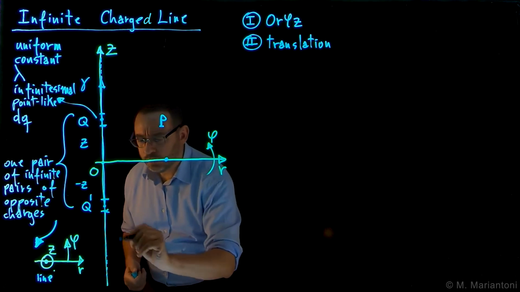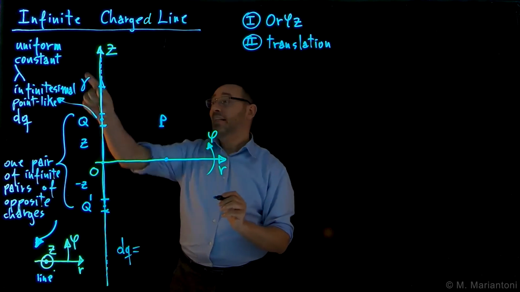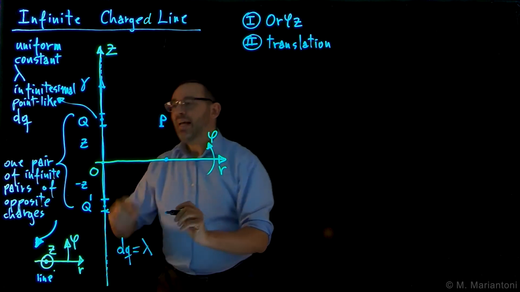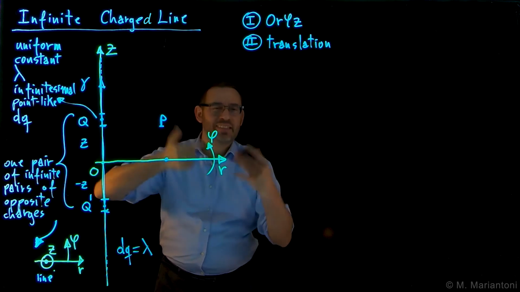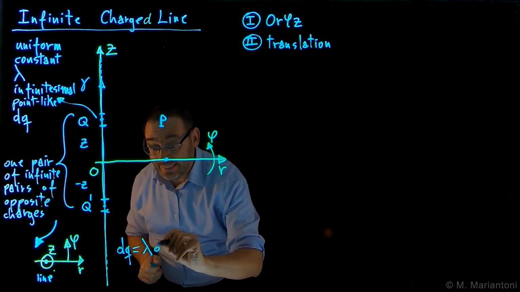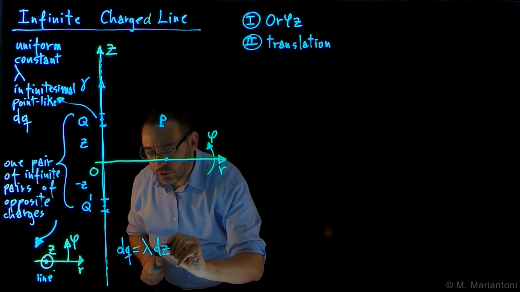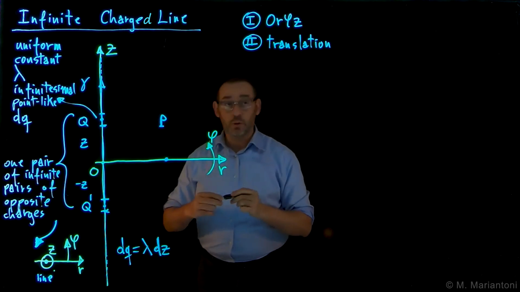This charge dq, any of these two charges dq, is given by the uniform density lambda times the length of this infinitesimal element, dl in general, but with respect to a cylindrical coordinate system, a dz. So, lambda dz is dq, okay? Lambda dz is dq.